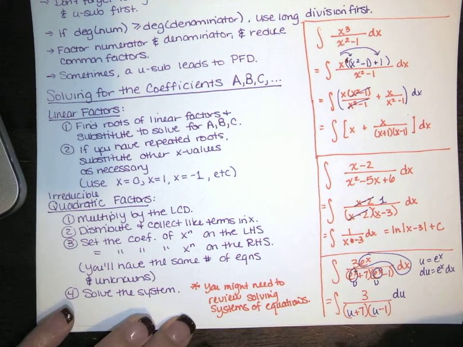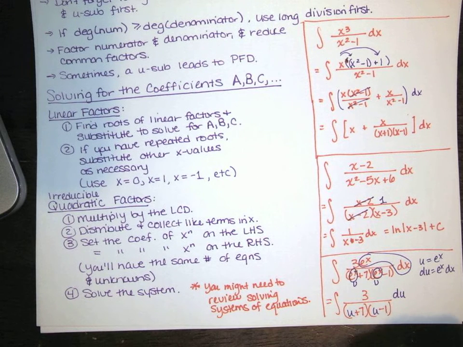If you just look up solving systems of equations on YouTube, you can find lots of videos out there that will remind you how to solve systems of 2 equations and 2 unknowns, 3 equations and 3 unknowns, even 4 equations and 4 unknowns. And that's probably the largest number of equations and unknowns you would see in a partial fraction decomposition problem in our class. So those are your reminders. I guess there should be one more reminder.